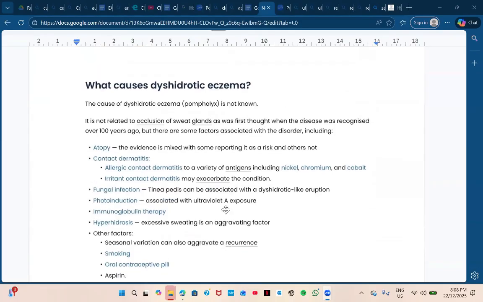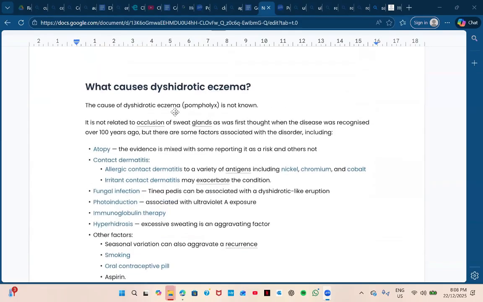This is from DermNet. So, what causes pompholyx? The cause of pompholyx is not known. It is not related to occlusion of sweat glands as was first thought when the disease was recognized over 100 years ago.